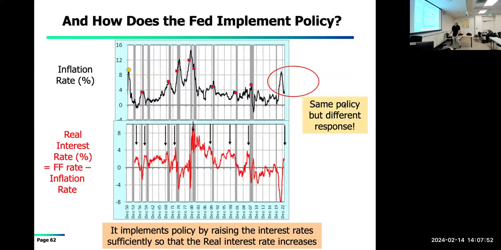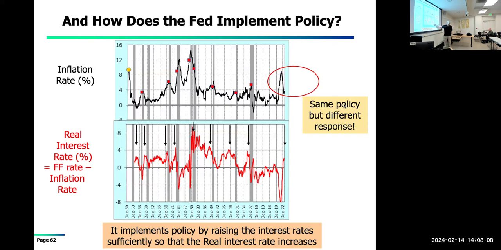The Fed is very much in tune with following what's happening with the overall inflation rates and where nominal interest rates are relative to the inflation rate.